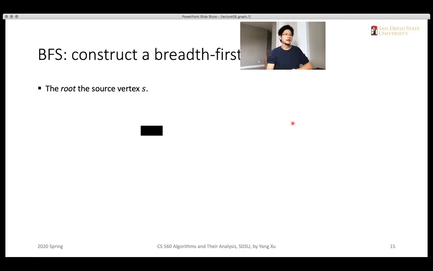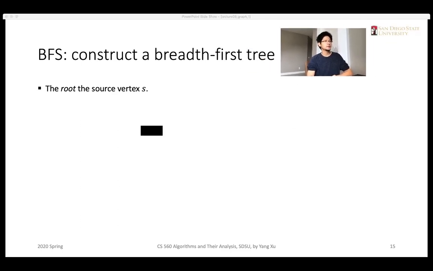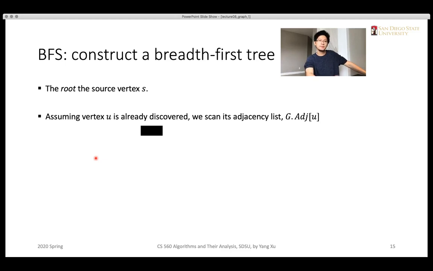As we just said, the BFS will construct a breadth first tree, some tree-like data structure. Within that tree, the root is the source vertex S, where we start. We assume that the vertex U is already discovered.